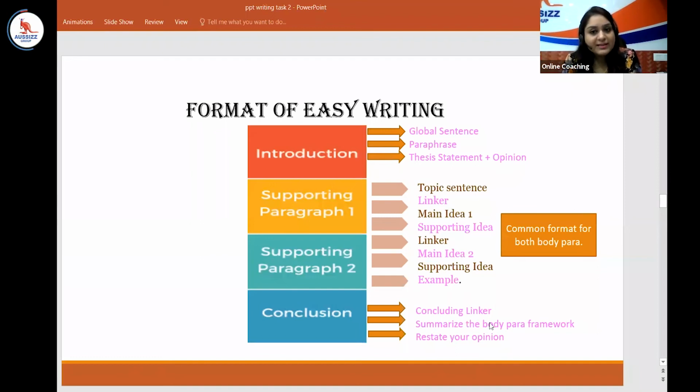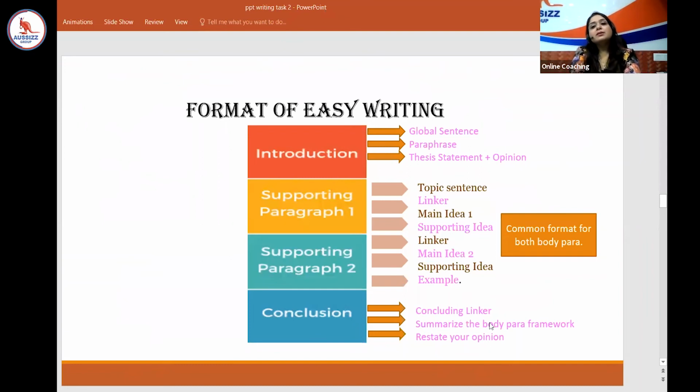This is my topic sentence, because in this one line I make a clear view for the examiner that here in the body paragraph I'm writing advantages. So the topic sentence must include the advantages. You write the topic sentence in order to make the examiner understand what you're going to write in body paragraph 1.